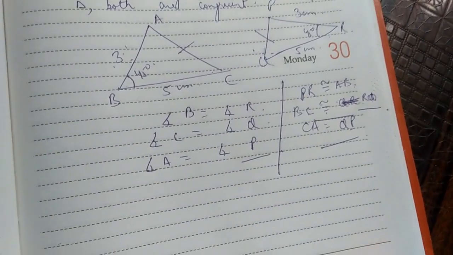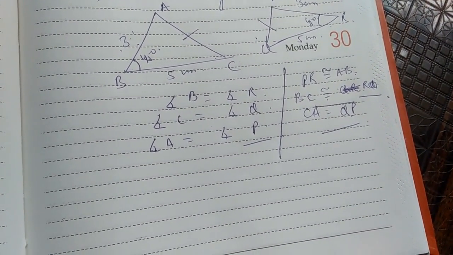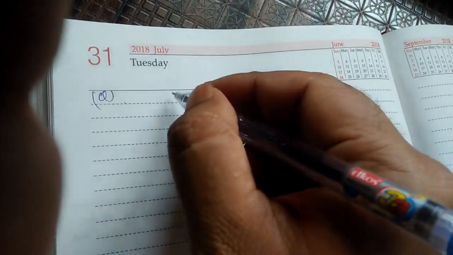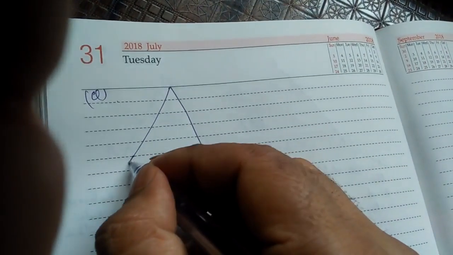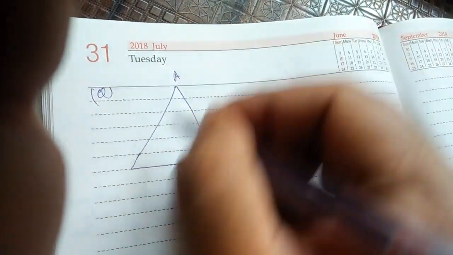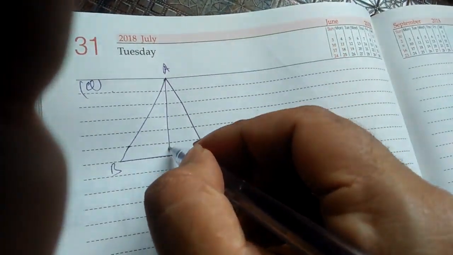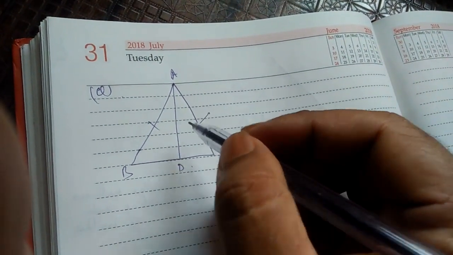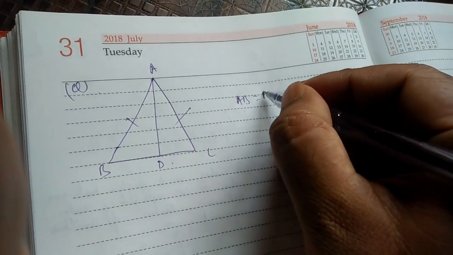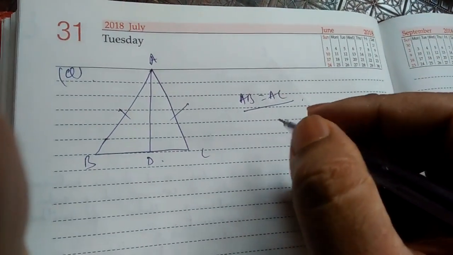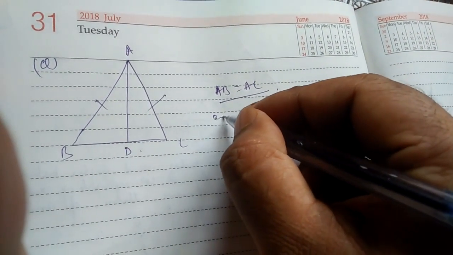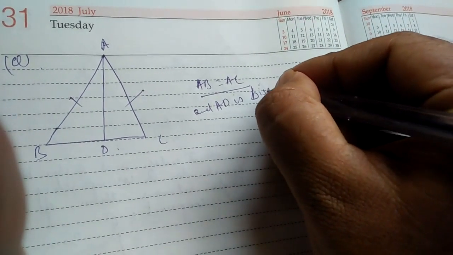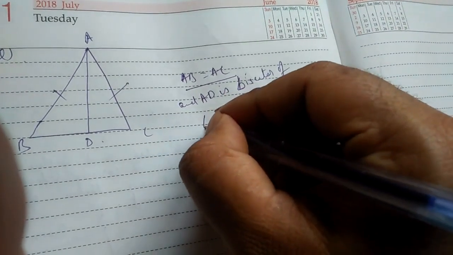So let's see a question based on this. Now the question is, this is triangle ABC, with point D. AB is equal to AC, and AD is the bisector of angle BAC.